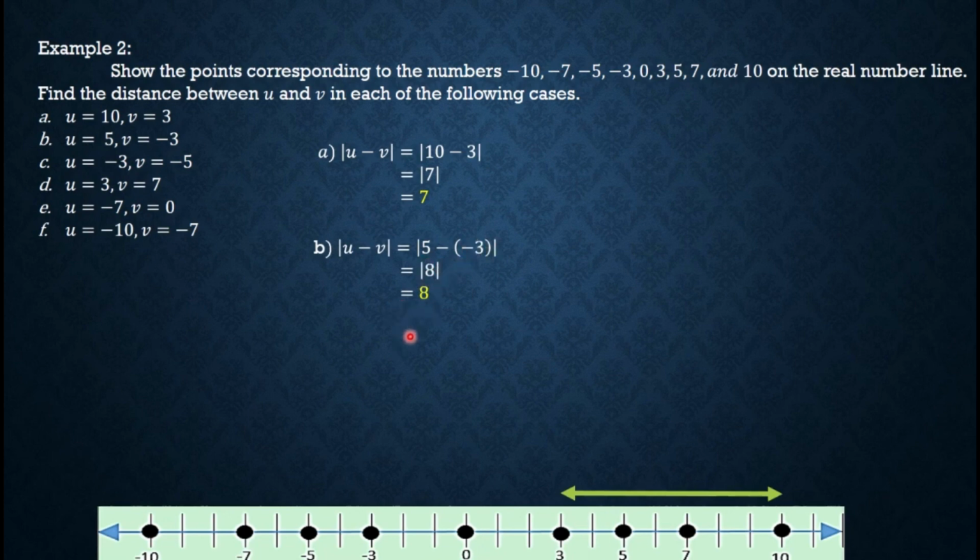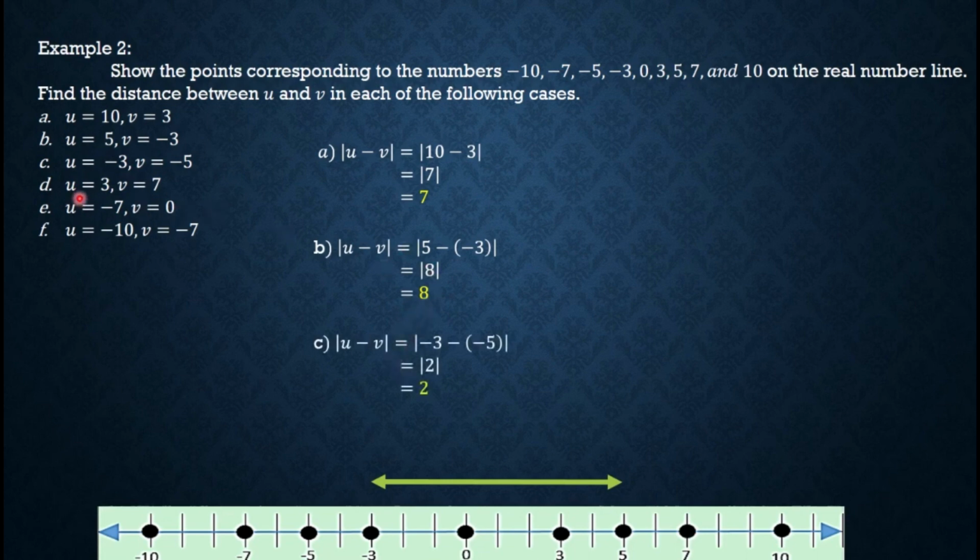Let's check the graph. From 5 to negative 3, the distance is 8. You count starting with this: 1, 2, 3, 4, 5, 6, 7, 8. So the answer is correct.